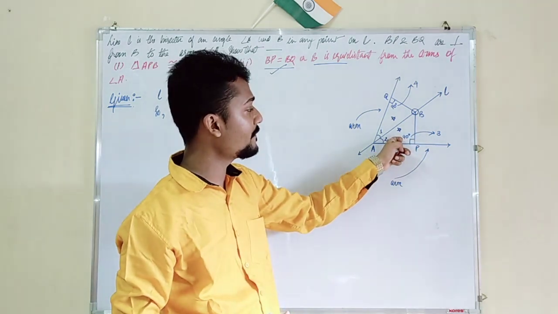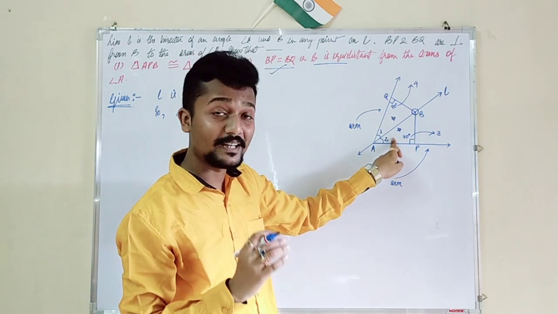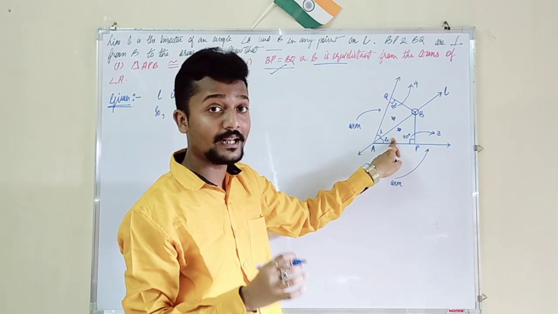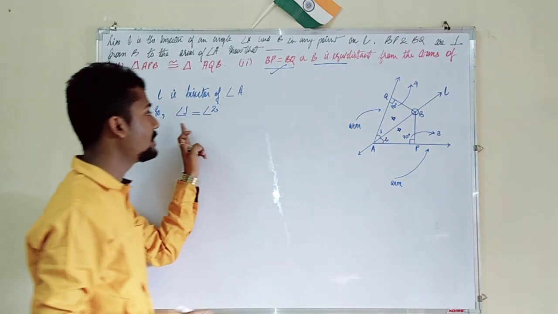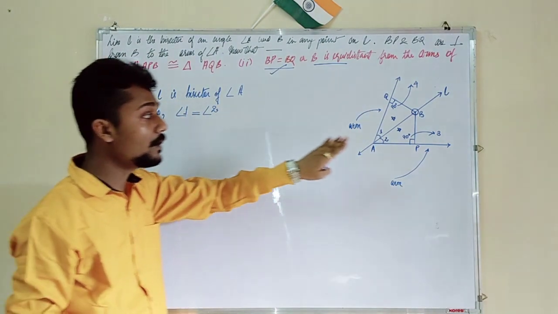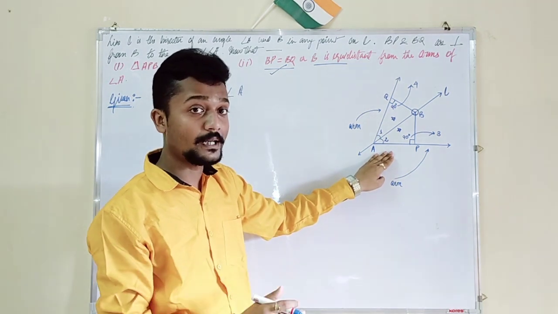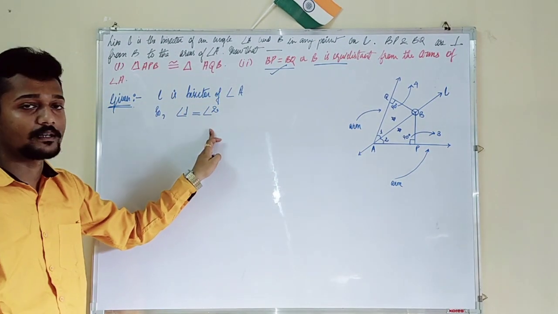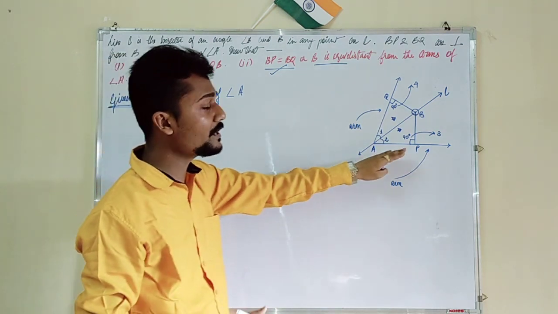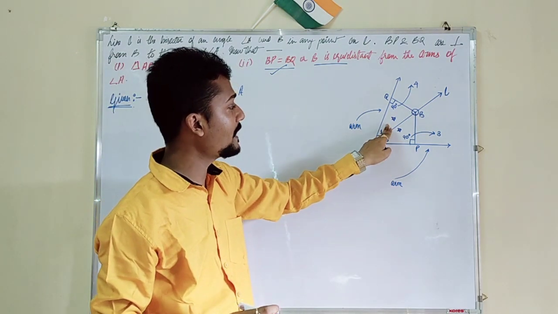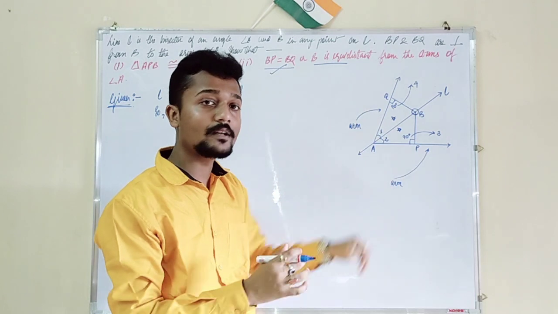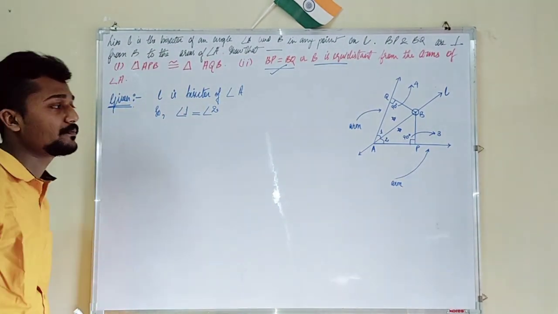That means here if I have written 1 and 2, I have mentioned the angle as angle 1 and angle 2, so I can write angle 1 and angle 2. Without drawing the diagram and proper labeling, you can't write angle 1 and angle 2. You have to draw the diagram properly and mark the angles as 1, 2, 3, 4. Then only you can use 1, 2, 3, 4.